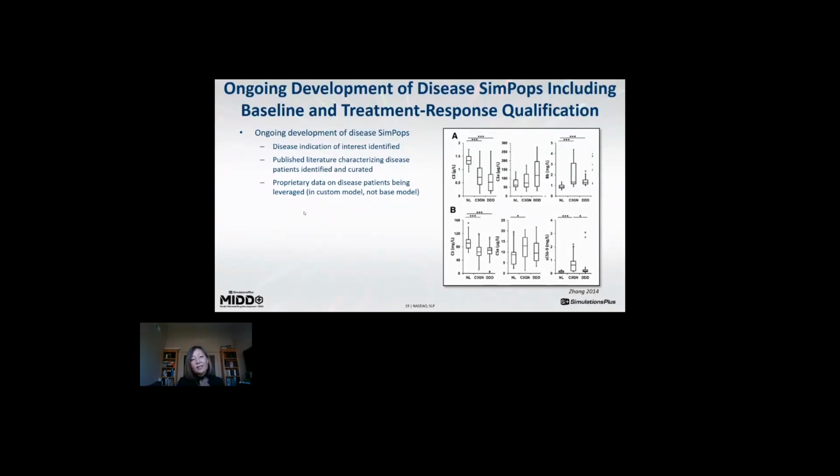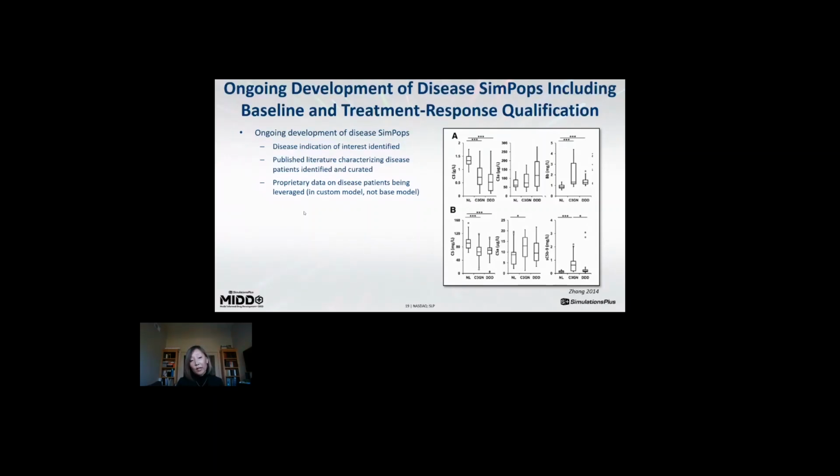And so we would identify the data in the literature that would characterize complement analytes in patients with this disease. What we're looking at on the right is various analytes, C3 in the top left, C3a, Bb, C5, comparing normal healthy with patients with C3 glomerulopathy.